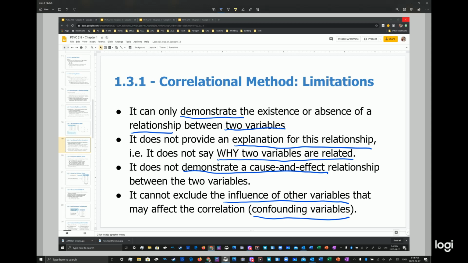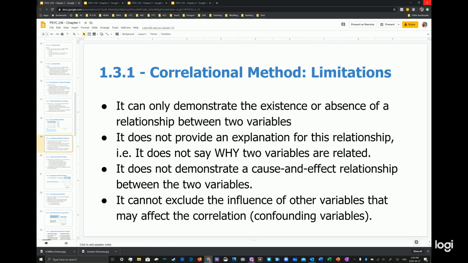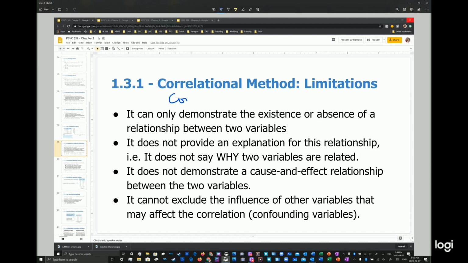Again, terms like cause and effect and confounding variables might refresh your memory if you have taken Psych 217 or go think back to your Psych 101, 102 class. So before we go on to this comparison between groups, one thing that you might remember, and I'll write it down for you, is this: correlation does not necessarily equal causation, because we have not actually done any manipulation whatsoever.